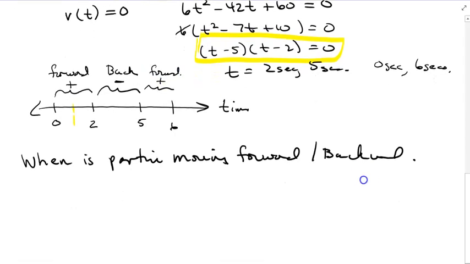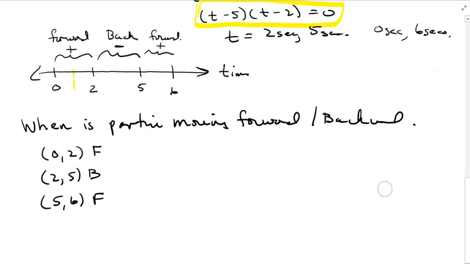So here's what we know. On the interval 0 to 2, my particle's moving forward. On the interval 2 to 5, my particle's moving backward. And on the interval 5 to 6, it is moving forward again. So this will set us up for our next set of questions.